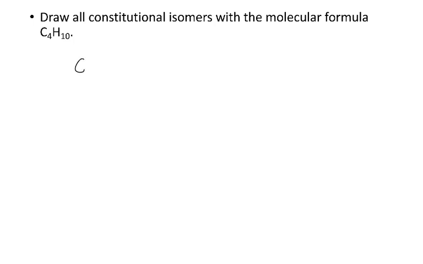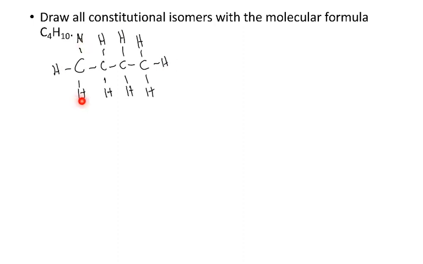So if I chain 4 carbons together, and then I give each one of those carbon 4 bonds by adding hydrogens, I use up 10. So this would be a good structure for C4H10. All the carbons are tetravalent, all the hydrogens are monovalent. So this would be one constitutional isomer.